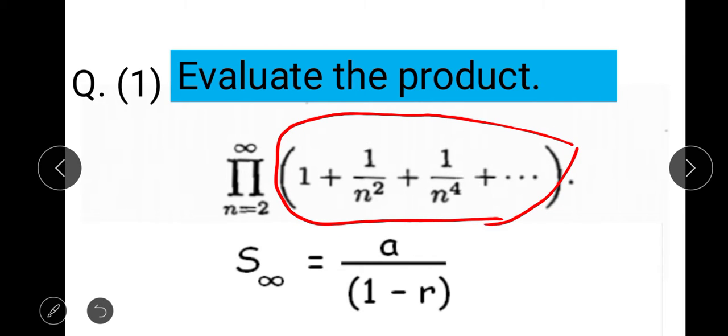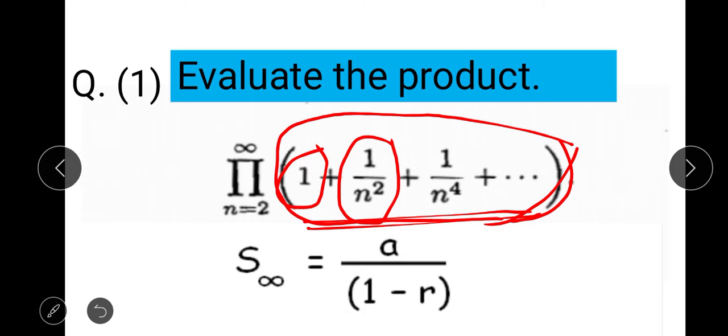Now if you observe carefully, this is nothing but a geometric series only, whose initial term is equal to 1 and common ratio is 1 upon n square. So if you simplify this geometric series, the sum will be given by this formula. You all know this. This is the initial term and this is the common ratio, a upon 1 minus r.